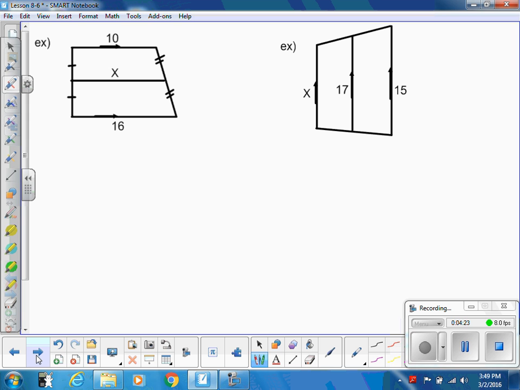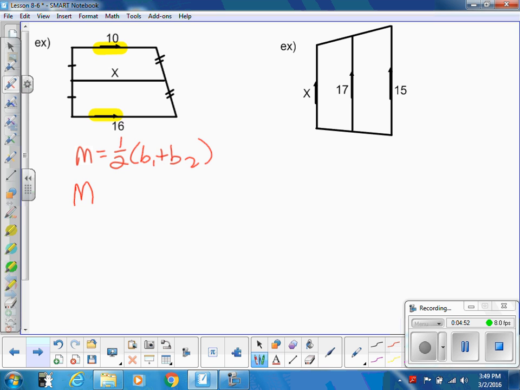If I look at the first one, the top one, I see I have a trapezoid. Right here it shows that the sides are parallel, right? And I have the midsegment in here, so I know midsegment equals 1/2 of (b1 plus b2). And we know that addition is commutative, so it doesn't matter the order that we add the other two numbers in.